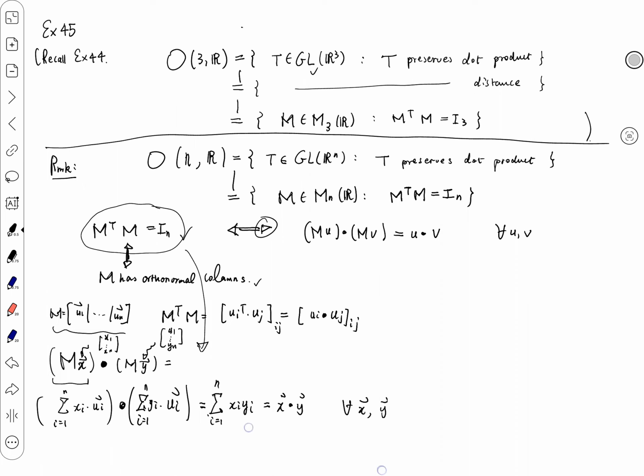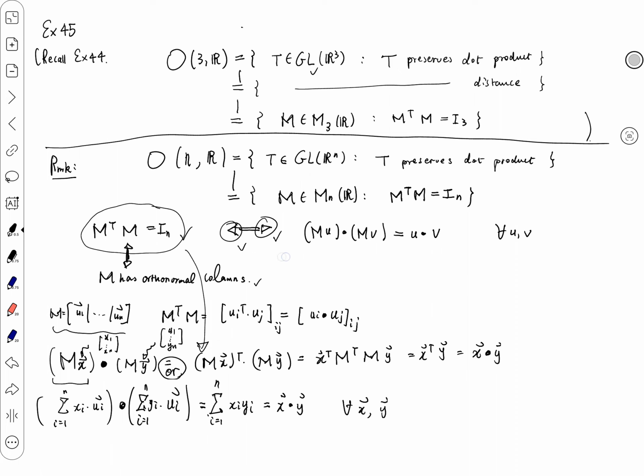This is just x transpose matrix multiplication with M transpose M y, but you know M transpose M is identity. This is x transpose y, which is x dot product with y. Okay, or you could just use the earlier computation. Whatever, this direction is very easy, and for the other direction we use test vectors.